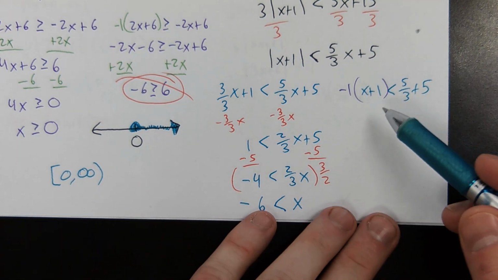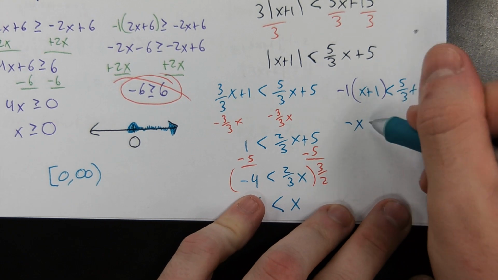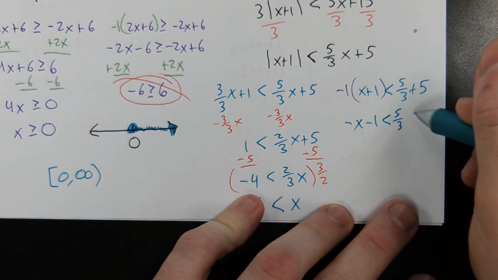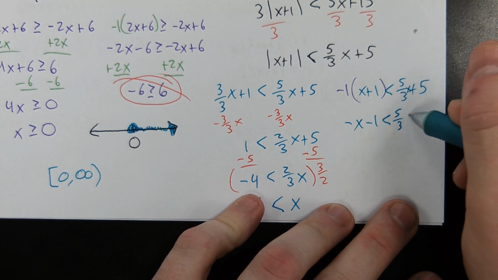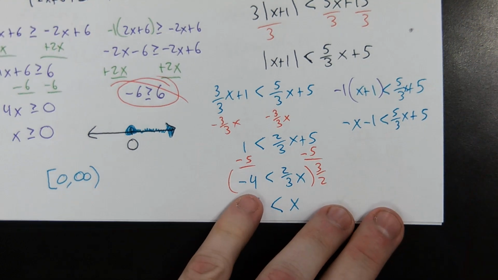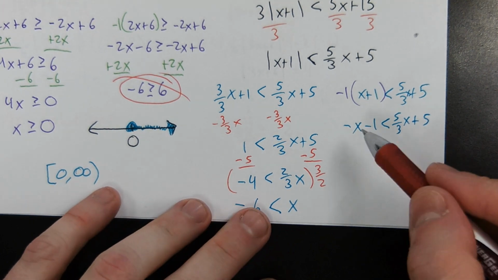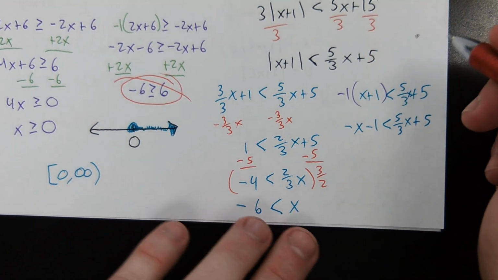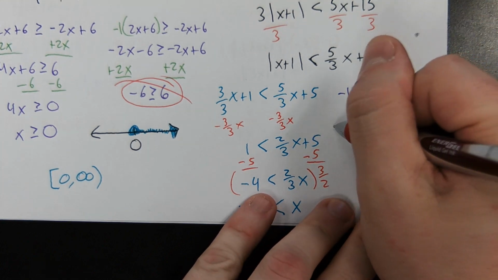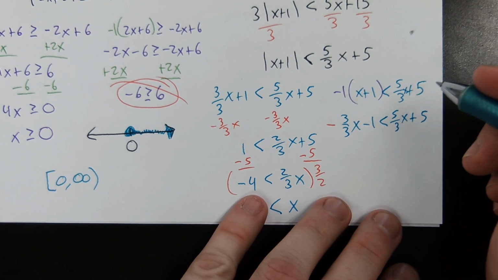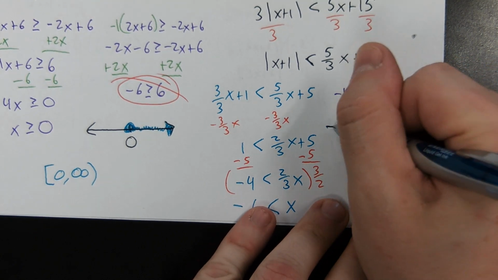All right, this one. We'll see how far we can get. Negative x minus 1. Oh, I forgot to write my x here. Same trick. Instead of calling it negative x, I'm going to call it negative 1x, which even better would be negative 3 over 3x.